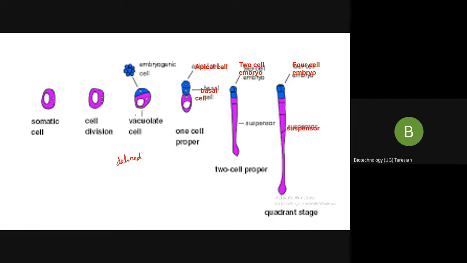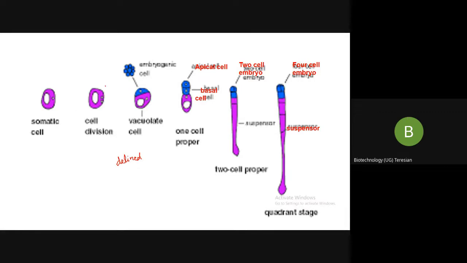So embryo development is always bipolar, having a shoot pole and a radicular pole at the opposite ends. Whether it is zygotic or somatic, they are always bipolar.